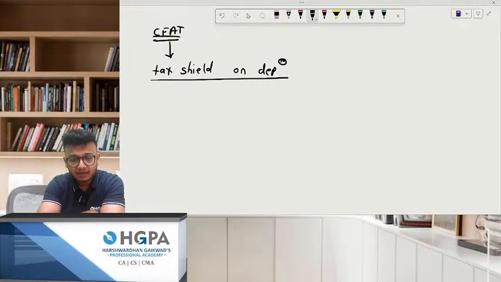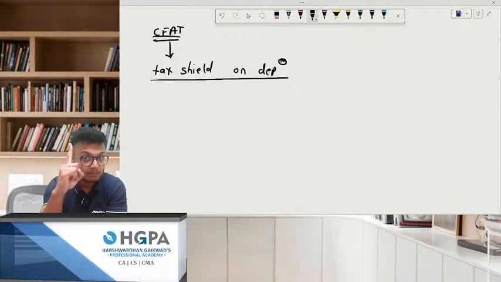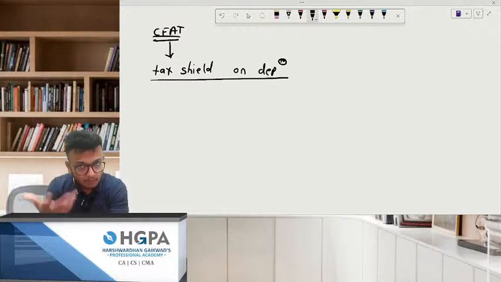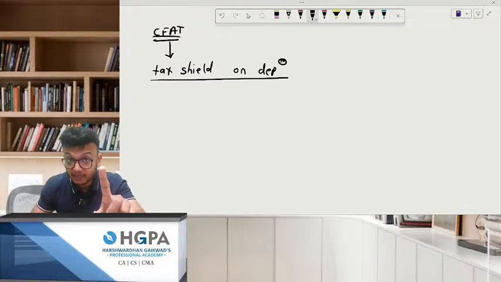See, in CFAT, we are computing depreciation only for one purpose, and that purpose is tax. If tax is not there, depreciation won't come into CFAT at all. Because of tax coming there, we are computing depreciation. Because depreciation is a non-cash expenditure, why will it come in cash flow? Are you understanding this?